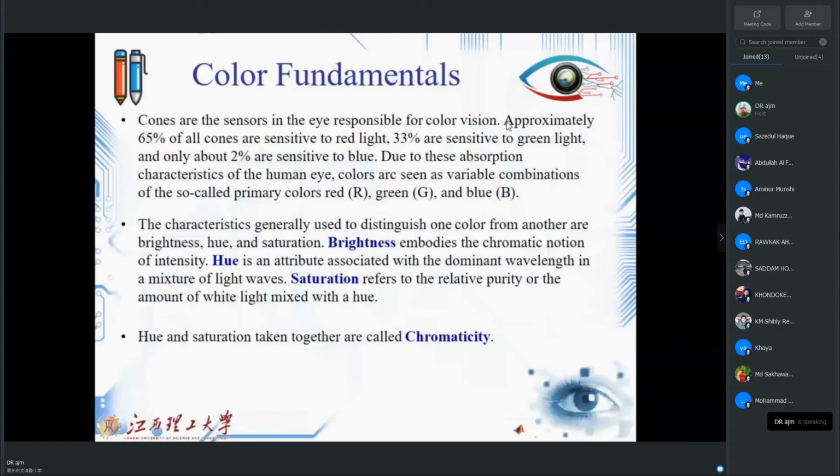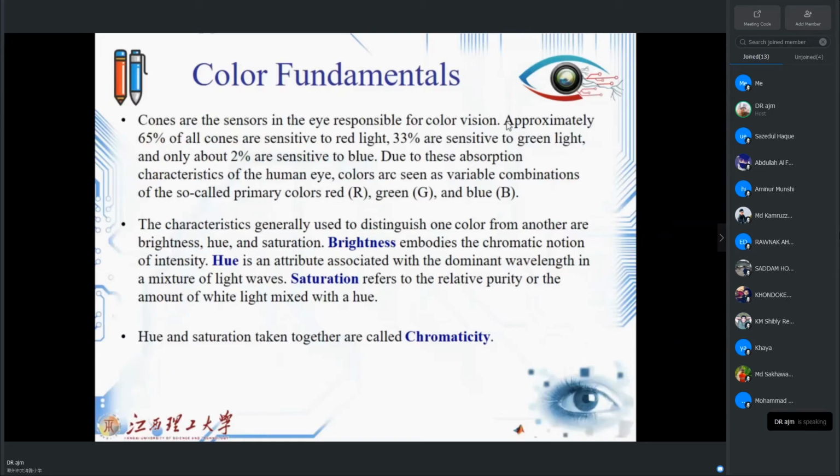The characteristics generally used to distinguish one color from another are brightness, hue, and saturation. Let us see what these words mean. Brightness is the chromatic notion of intensity. Hue is associated with the dominant wavelength in a mixture of light waves, and saturation refers to the relative purity, or the amount of white light mixed with the hue.